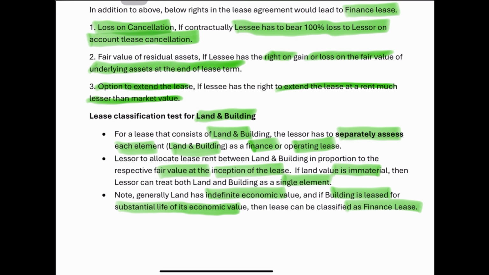Then we can classify this as a finance lease, because 100% of the economic life of the building has been leased out. Land, even though it has economic value, might be immaterial in this example. So land and building can be clubbed together, and since the building has been leased out for its entire economic life, it will be a finance lease.